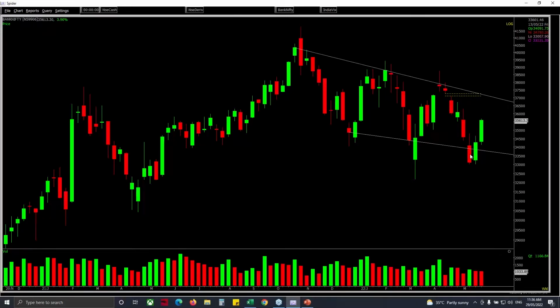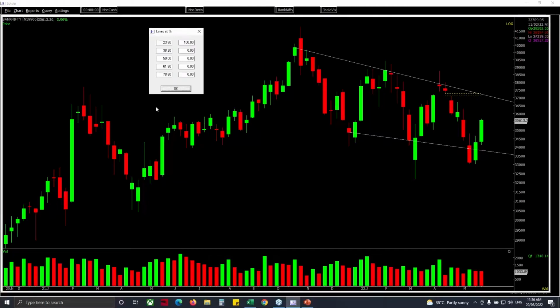We got a breach in the second week of May, which ended on 13th May, but we again conquered that level in the next week, and prices didn't give follow-up selling, and the up move started. Now the initial target might be this resistance line, which is around 36,900 as per the weekly chart.